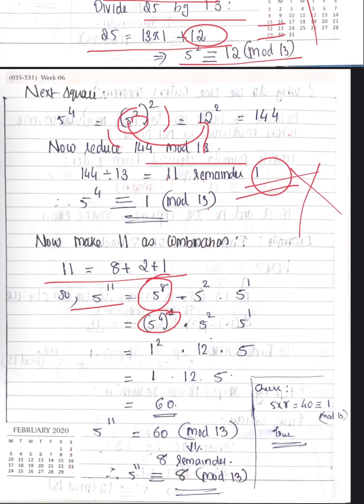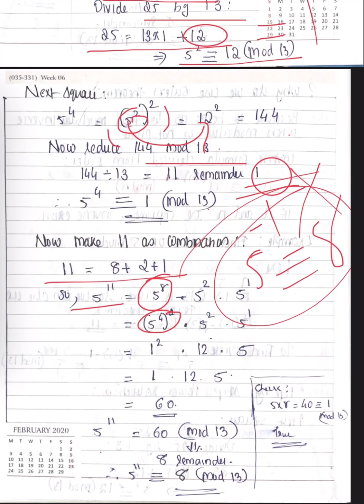So 60 mod 13, the remainder becomes 8. The 5 raised to 11 is congruent to 8 mod 13. The inverse of 5 is congruent to 8. That is our modular inverse, equal to 8.